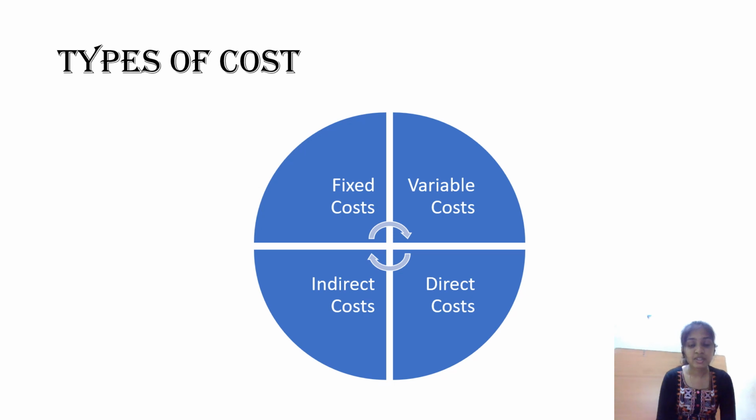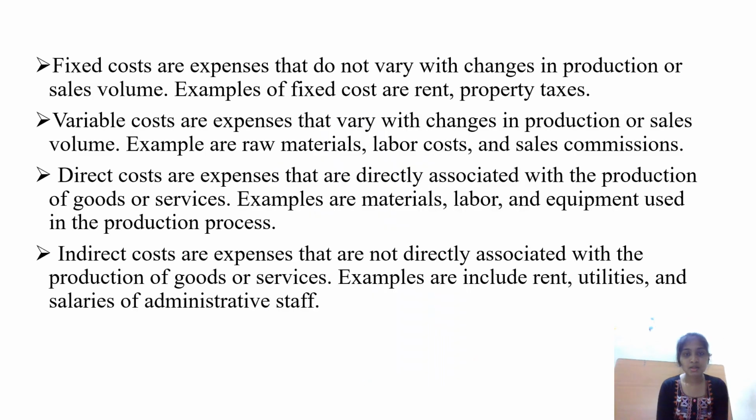Cost analysis is classified into four types: fixed cost, variable cost, direct cost, and indirect cost. Fixed costs are expenses that do not vary with changes in the level of production or sales volume. These costs remain constant regardless of how much a company produces or sells, such as rent, salaries, insurance, property, and depreciation.